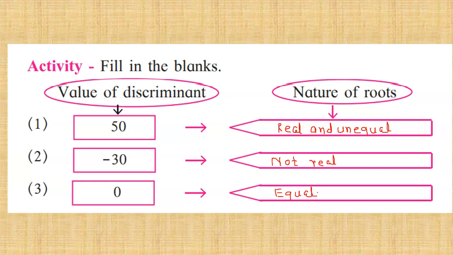Okay, and now next is, in this way we can determine the nature of the roots with the help of discriminant. Discriminant वरून आपण nature of the roots determine करतो.